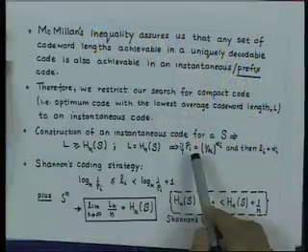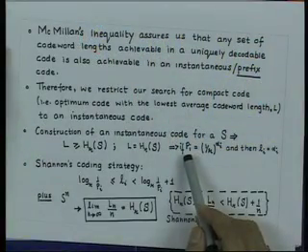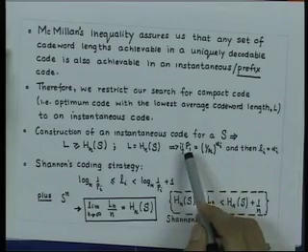So the next question that arises is, how does one construct a compact, that is optimum, code for a fixed source? So far we have not looked into any strategy for coding information sources except for the special case where the probabilities of the symbols are of the form 1 by r raised to alpha i.